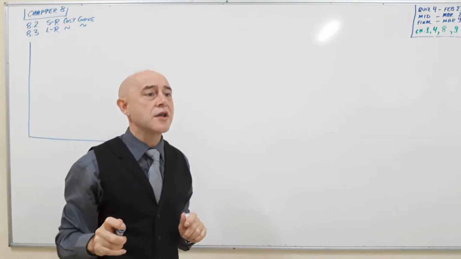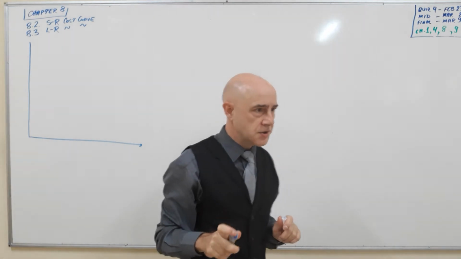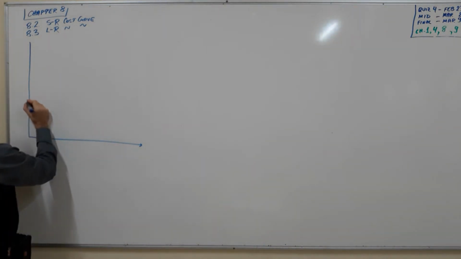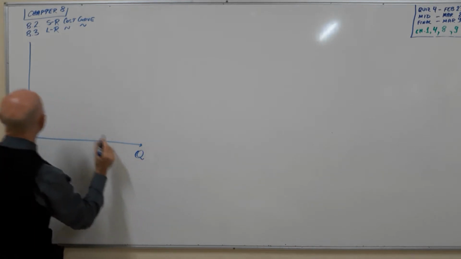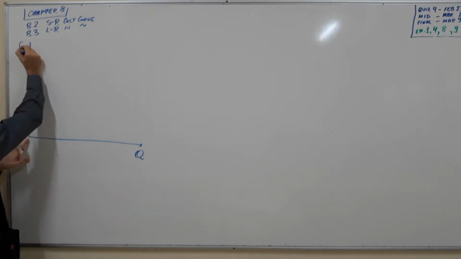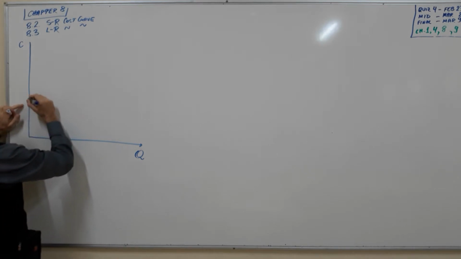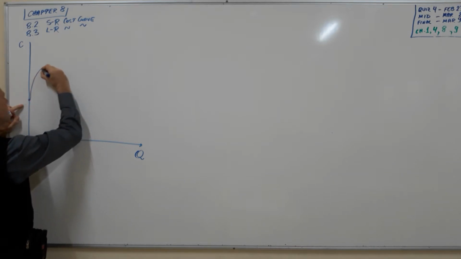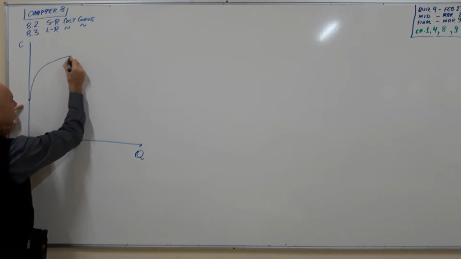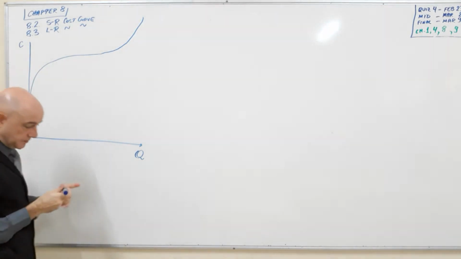The short run cost curve had a fixed cost. So it began when its quantity is 0. Here is the cost. It began somewhere up because of the fixed cost. And then it was rising steep, then flattening out, and then rising steep again.